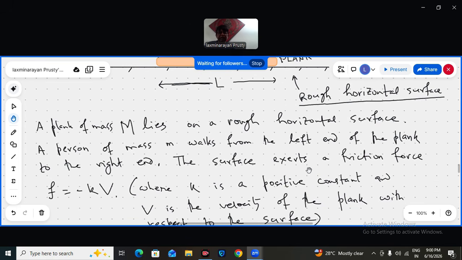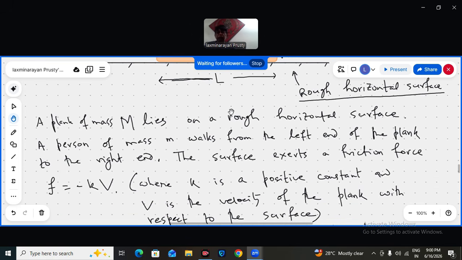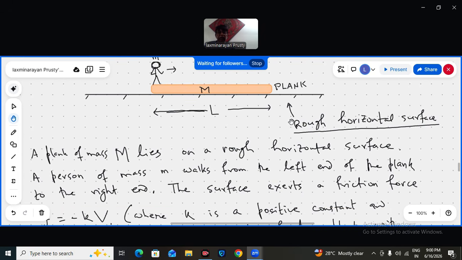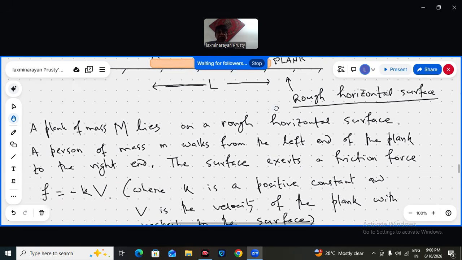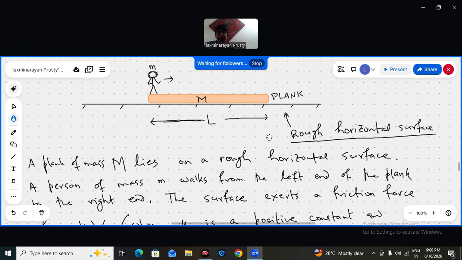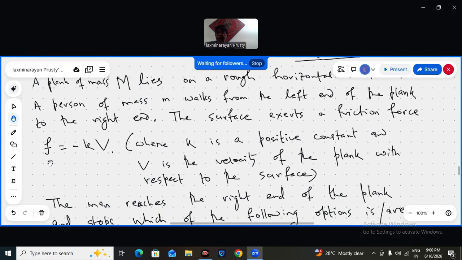The surface exerts a friction force, but that friction force is proportional to speed of the plank. F is equal to minus kV, where V is the velocity of the plank with respect to surface. K is a positive constant.